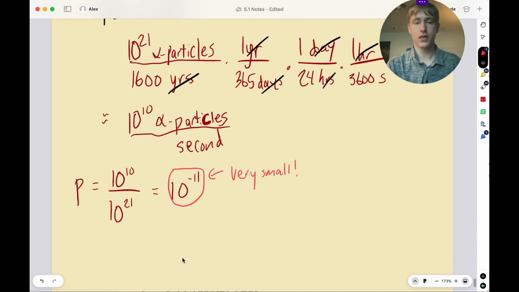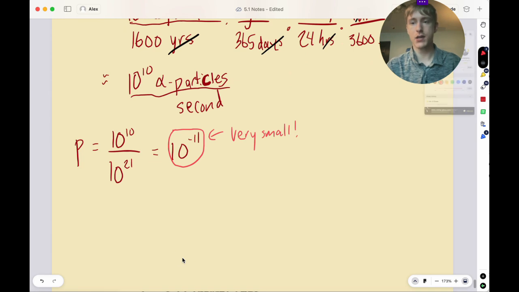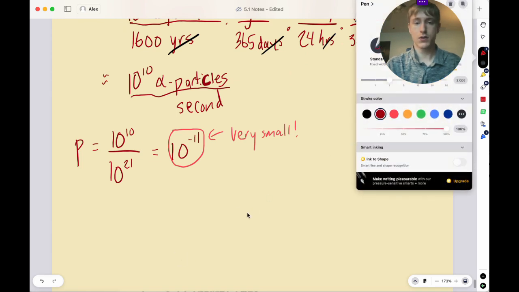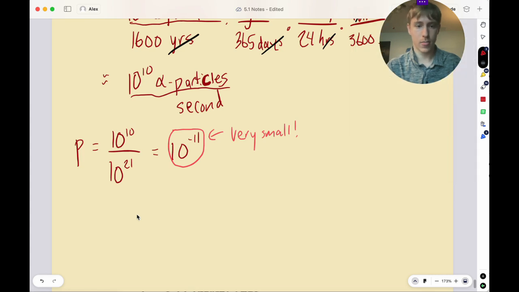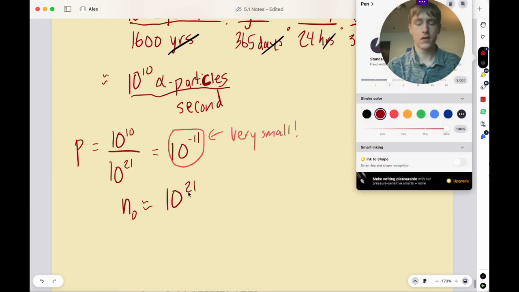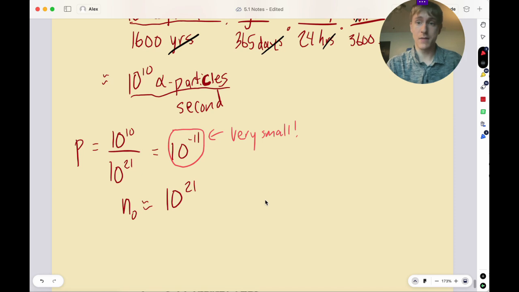Okay, and just to remind you, we had that the initial number of particles, n0, in a single gram of the stuff, we got 10 to the 21 power, which is a very big number, I would say.